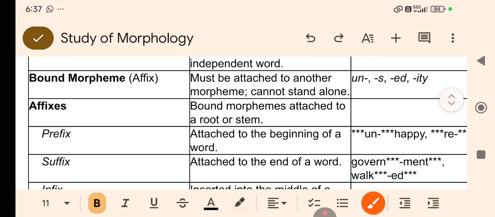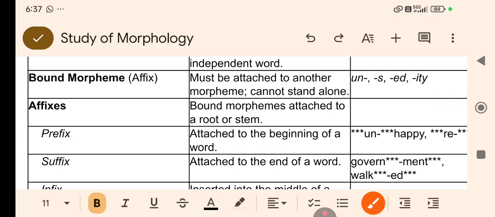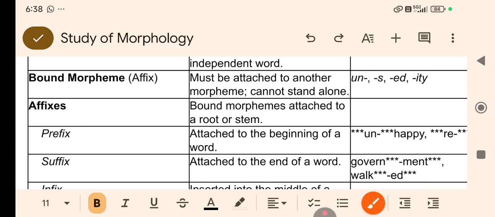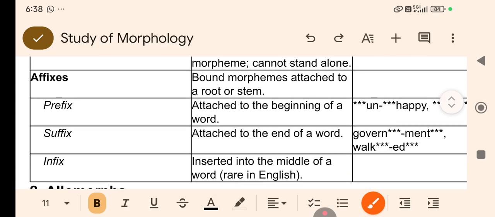And a bound morpheme must be attached. That's the condition: a bound morpheme must be attached to another morpheme and cannot stand alone, right? Why? Because these are the affixes.